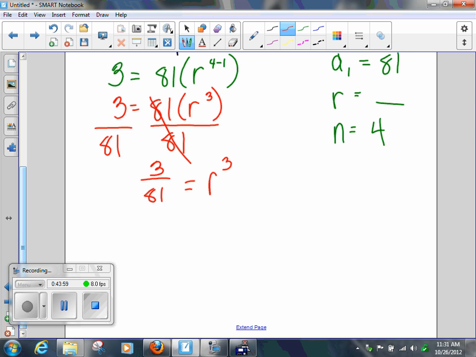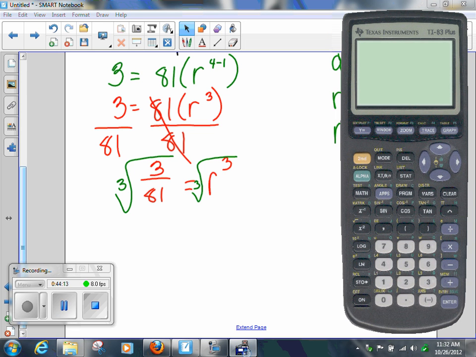3 over 81. What are we going to do to find r? I have to take the cube root. Okay, now, cube root. I'm not even going to try to do that in my head.